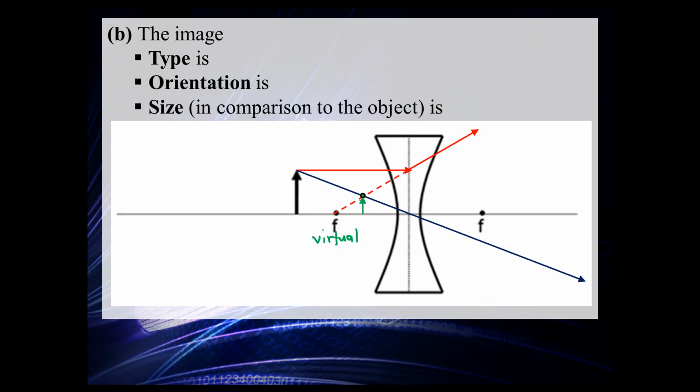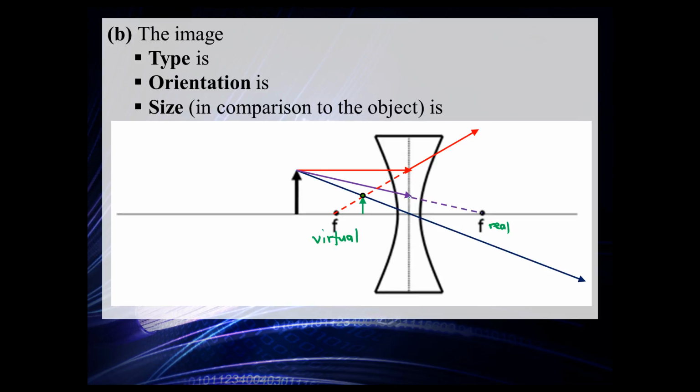Let's see if we can get the third ray to intersect this. So the third ray, which is going to be the second rule, tells me that if you head for the real focal point, we draw this side as a dashed line because that ray doesn't actually get to that focal point. It's going to hit the lens and it's going to change direction before it does it. But we're just targeting it.